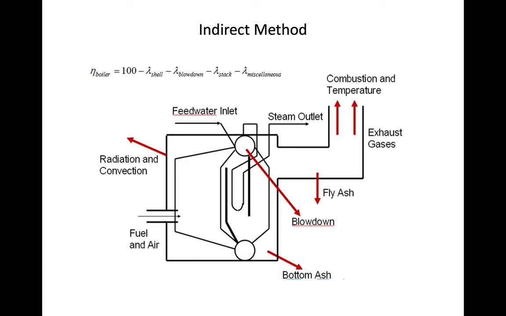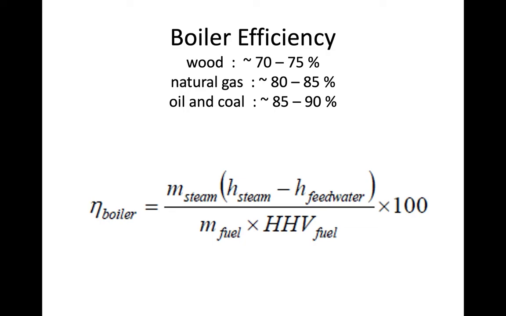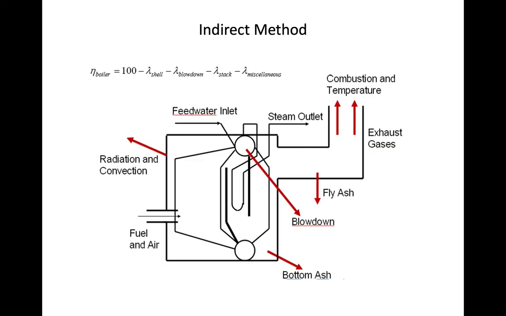The previous one, with this formula or this equation, we call a direct method, because we calculate directly. But we can also calculate the boiler efficiency with the indirect method, where we can express the efficiency with this equation.